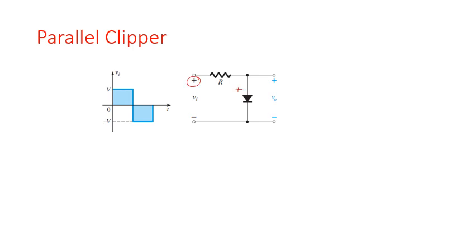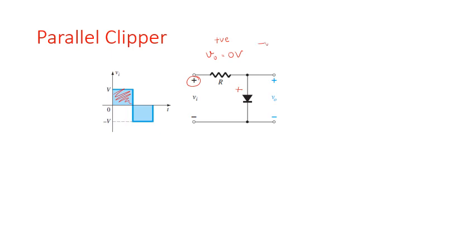That means for the positive half cycle, this diode is forward biased. If it is forward biased, it gets replaced by a short circuit. A short circuit always has voltage 0 across it. So for the positive half cycle, my V0 will be equal to 0 volts. So this part of the waveform is not going to be there at the output.